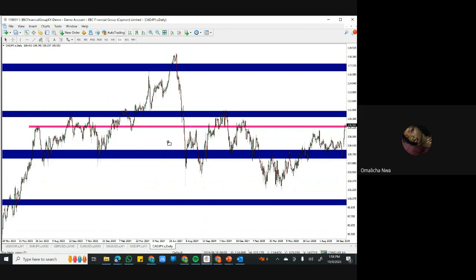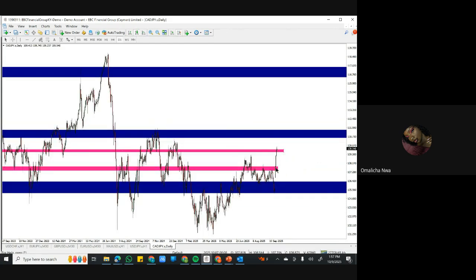If I get my shapes again, I am going to show you another area of resistance and support here. At this point, price was resisting and also supporting, because resistance and support kind of work hand in hand.